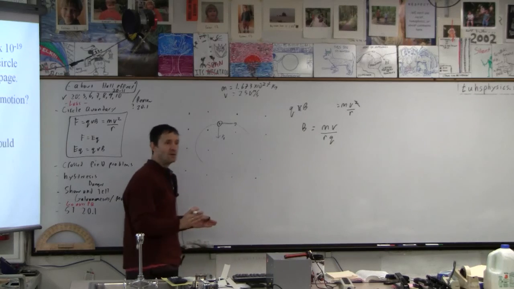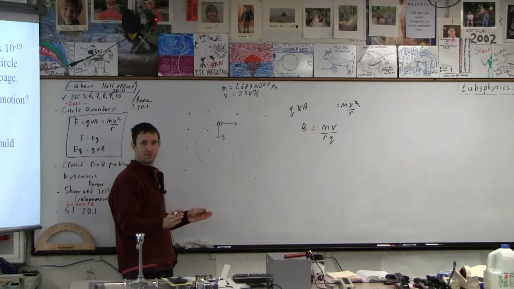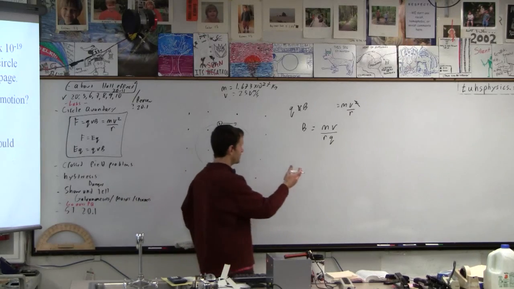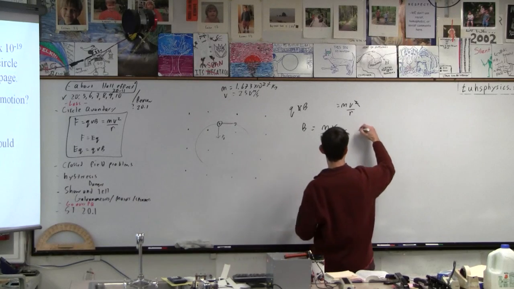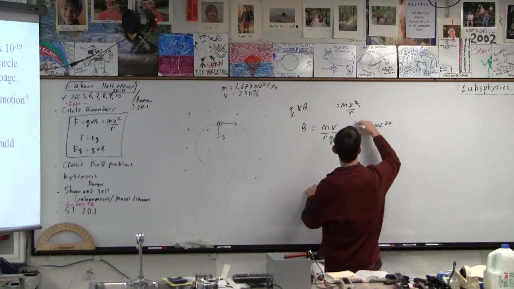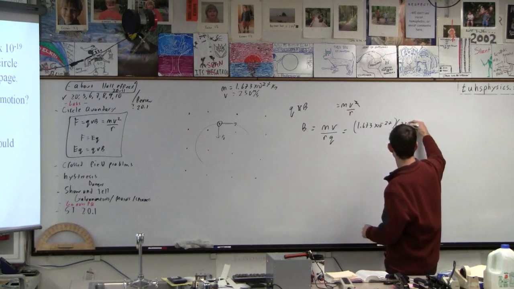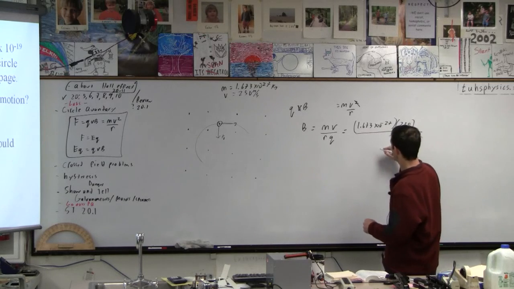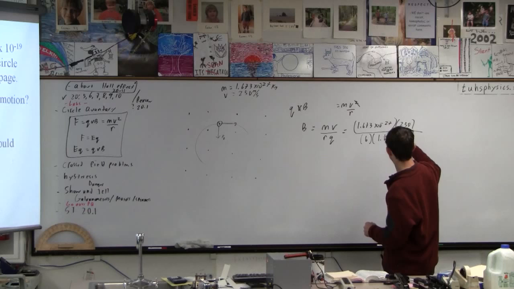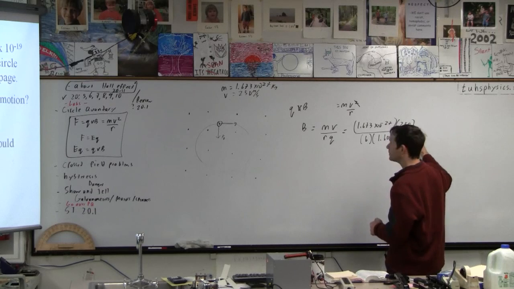I think it's always better when you're typing in very large numbers or very small numbers, hard to type in, to solve it algebraically first and then just type in the numbers. So this is 1.673, velocity is 250, not a terribly difficult number, the radius is 6 meters, and the Q is 1.602.